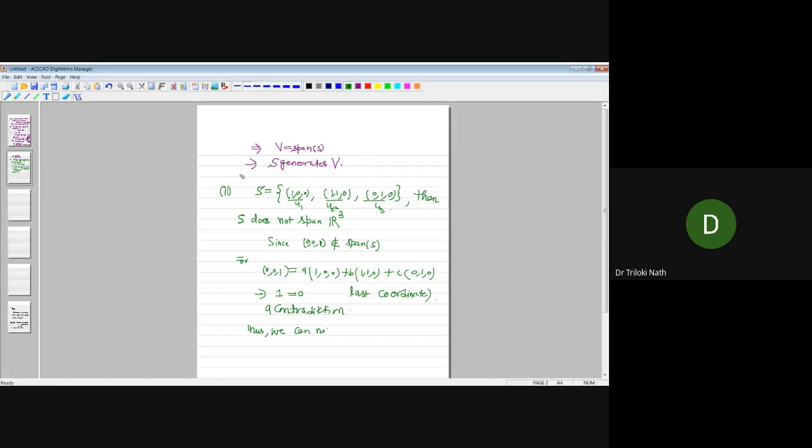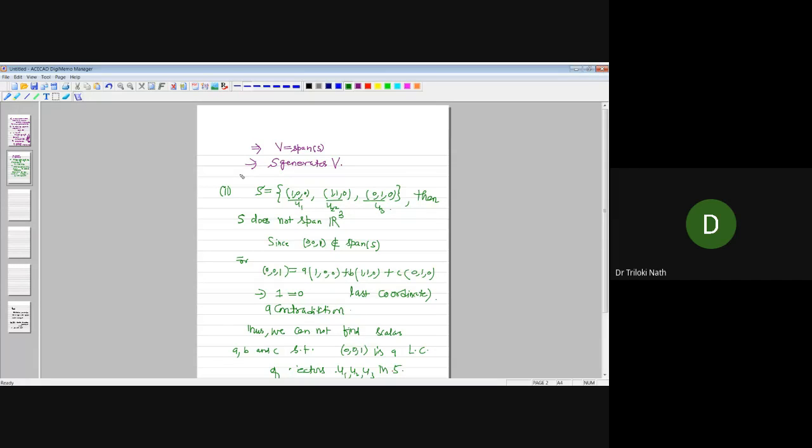cannot find scalars A, B, and C such that (0, 0, 1) is a linear combination of vectors u1, u2, u3 in S. Okay.